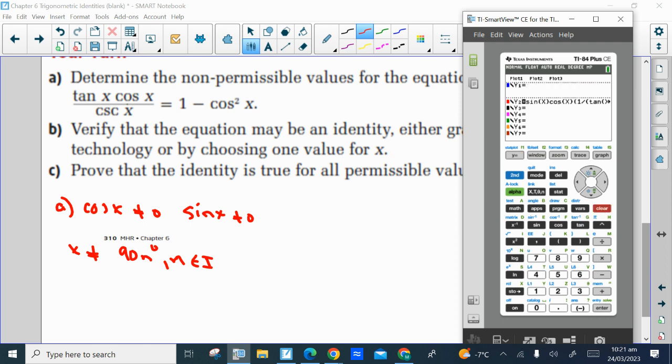So in y1, again, we'll put the left side of the statement in brackets. I'll go tan of x times cosine of x. I put it in brackets because it's all divided by cosecant, which is 1 over sine x, so I need to put that in brackets as well.